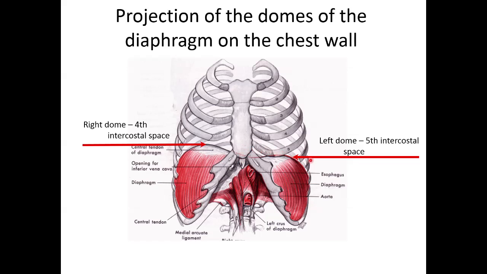The heart positions its apex here in the fifth intercostal space, so we can palpate it and understand where the dome of the diaphragm is on the left side. It's very important information when we examine the patient and try to imagine where the domes of the diaphragm are.